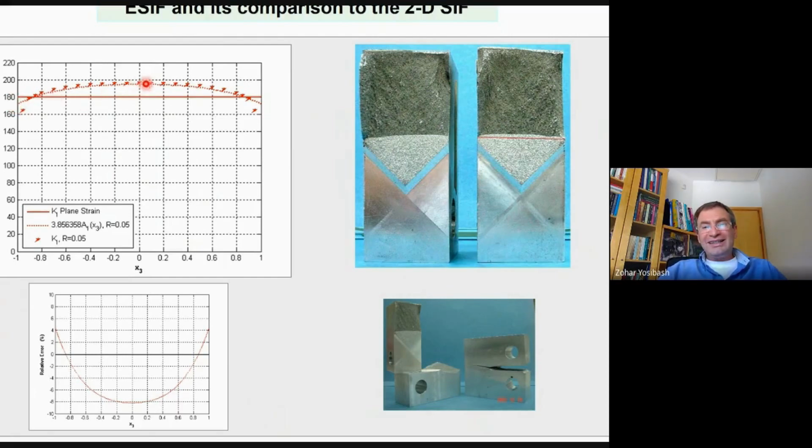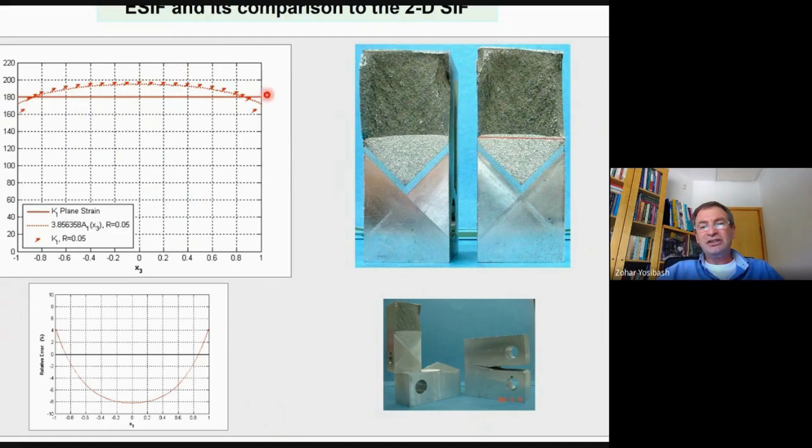And if you look at these numbers here and at this shape of the stress intensity function along the straight line here, you can see this shape. And indeed, if you really look at a 3D case, experimental data, you can see that there is this front which is really not straight, because in the middle, the stress intensity is higher than at these points.